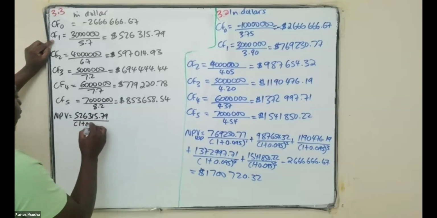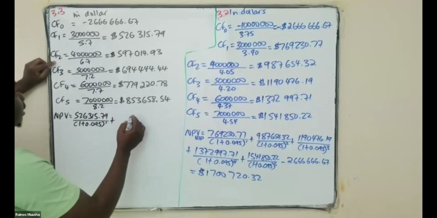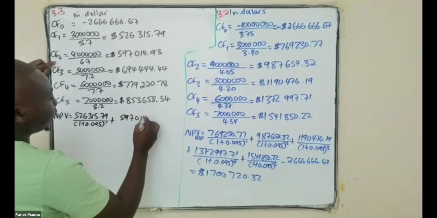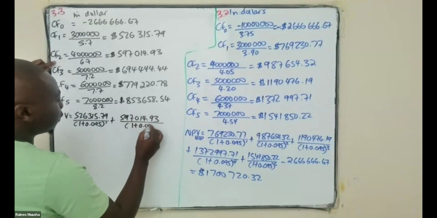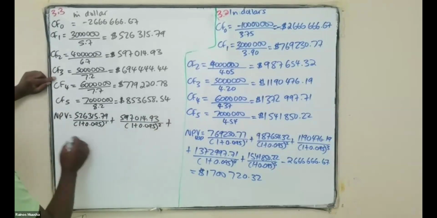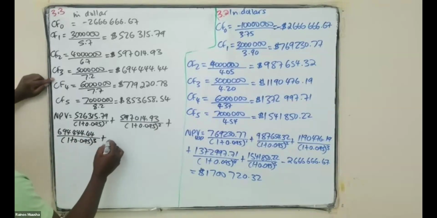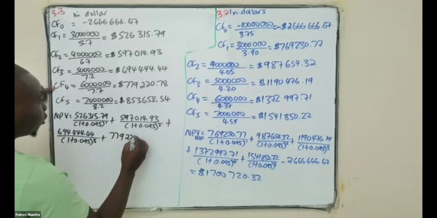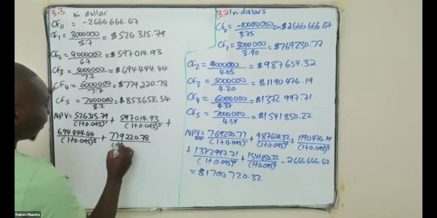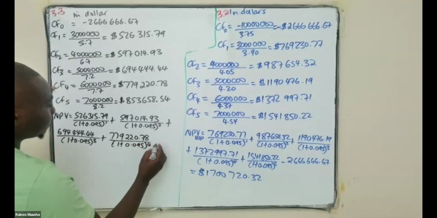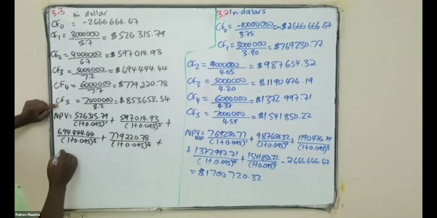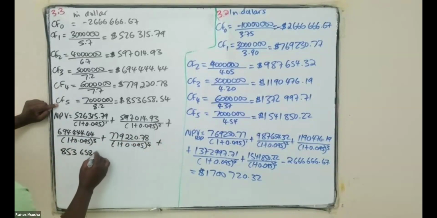526,315.79 over 1 plus 0.095 to the power of 1, plus the second year, 597,014.93 over 1 plus 0.095 to the power of 2, plus the next one, 694,444.44 divided by 1 plus 0.095 to the power of 3, and the next one is 779,220.78 divided by 1 plus 0.095 to the power of 4, plus the next one, 853,658.54, then minus the initial investment.